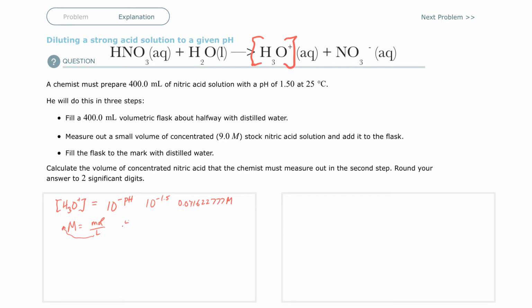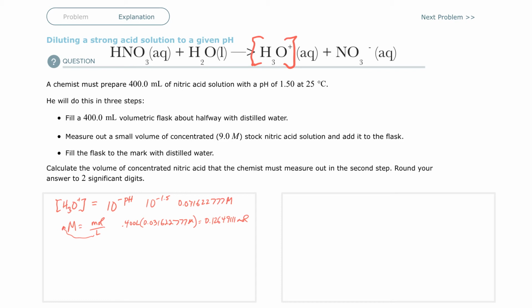We multiply 0.4 liters times 0.031622777 molar, and you get the moles: 0.1264911 moles. That's how many moles of this nitric acid you need.